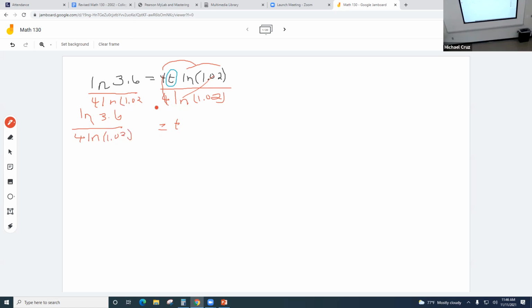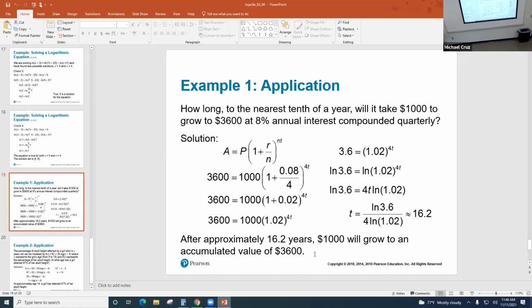So that's what we're doing, okay? Just in case you needed some fill in the blanks. Divide both sides by 4 ln 1.02, and it takes everything out on the right hand side except for that t, which is what we always want to do in equation solving: isolate the t.